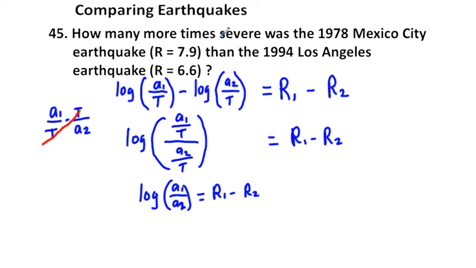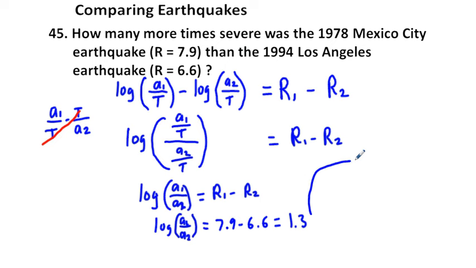So in this case, we know that R sub 1 minus R sub 2, where we define R sub 1 to be 7.9, and R sub 2 to be the second earthquake, 6.6, is going to be equal to the log of that ratio, A sub 1 over A sub 2, and that's going to equal 1.3.